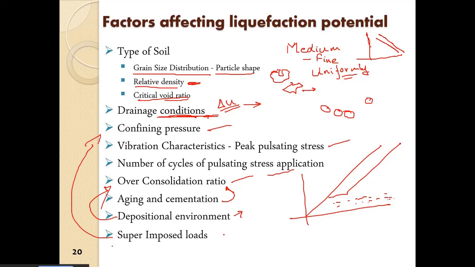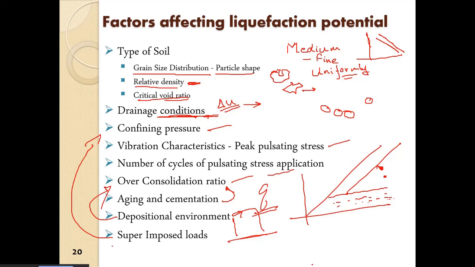Of course, if the superimposed loads create deviatoric stresses, then if the stress state in the soil was here, and then I constructed this building, and it suddenly moved up to here, now it is closer to liquefaction occurrence.